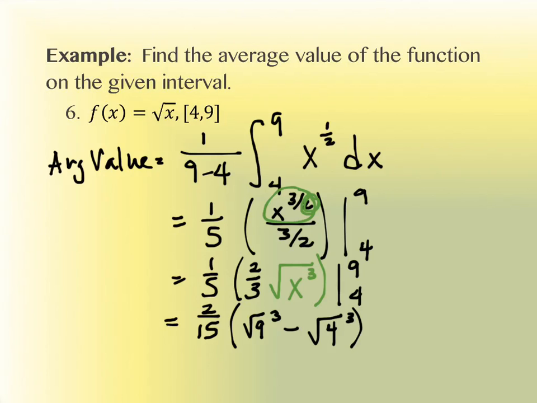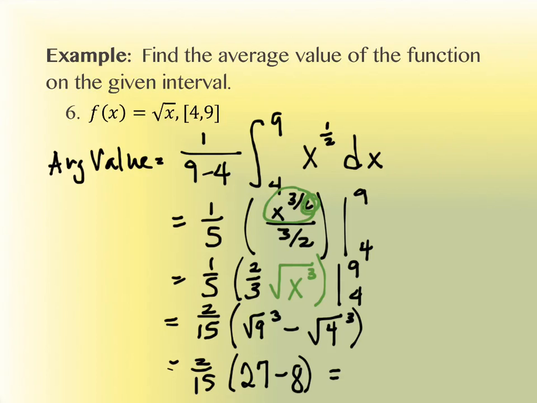So the square root of 9 is 3, and then 3 cubed is 27, yes. So I've got 2 over 15 and I have 27. Let's do the same thing with 4. The square root of 4 is 2. 2 cubed is 8. So what is 27 minus 8? 19.